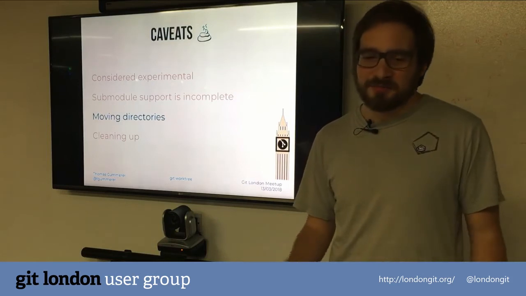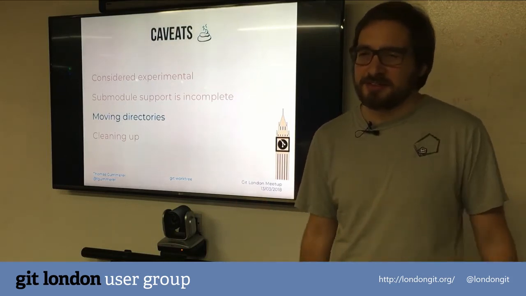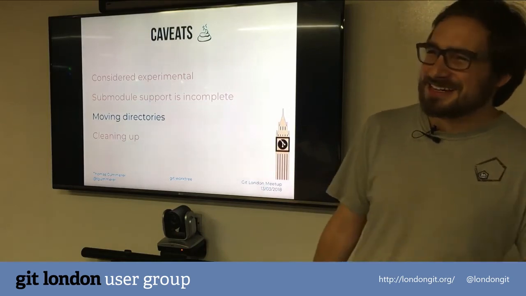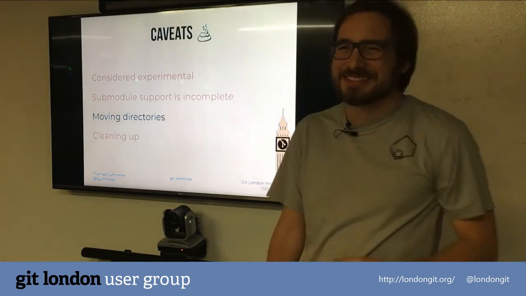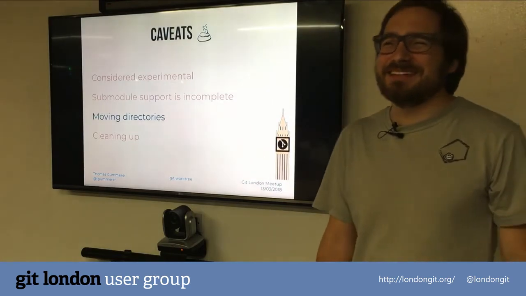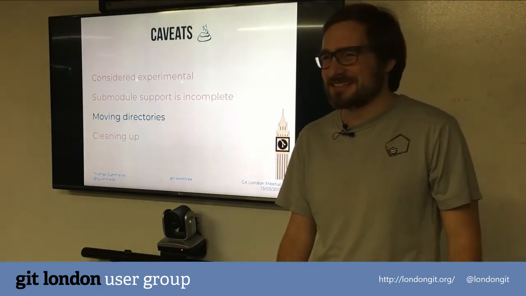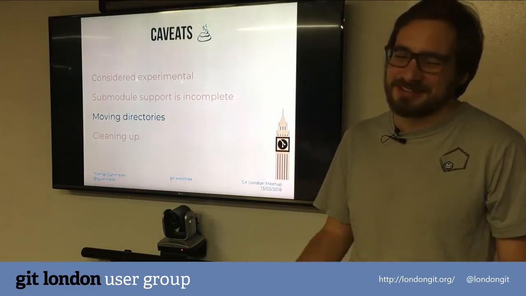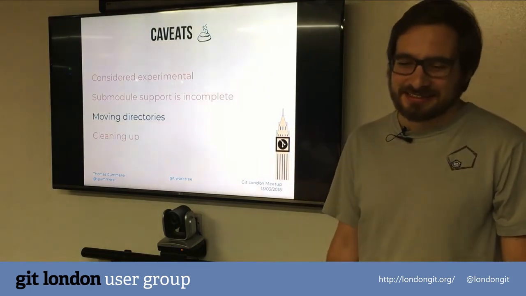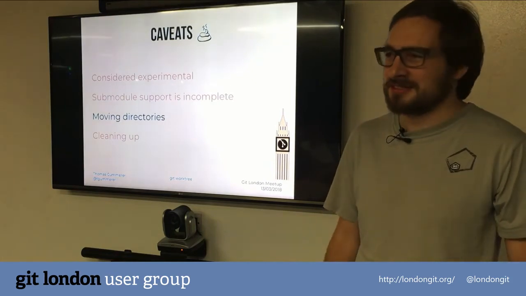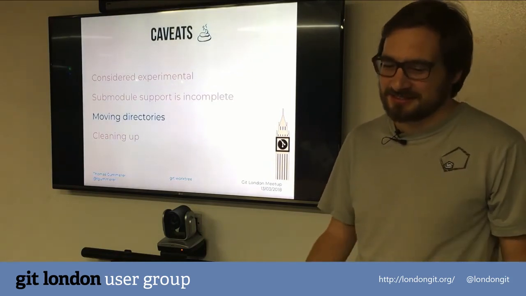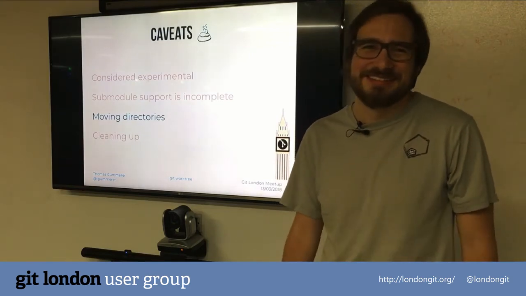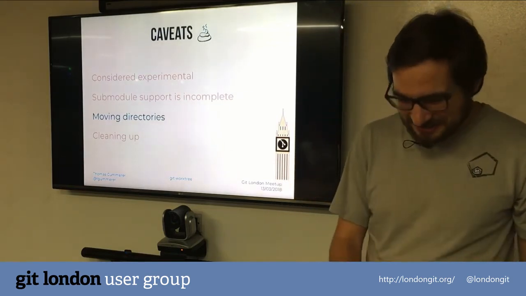So having them on your floppy drive, or not floppy drive, I'm old. Having them on your USB drive is probably not a good idea, because your paths will inevitably change between machines, and then you're just messing around with Git internals, which some people consider fun, but others probably don't. So I can't recommend it.